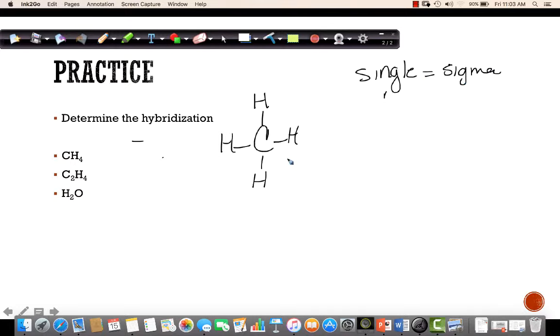Well, it has four sigma bonds. So four bonds means I'm blending four orbitals. So it's always going to be just one s. So I have s, and then I have three more orbitals, so three p orbitals. So that's one s and three p, which is four bonds.